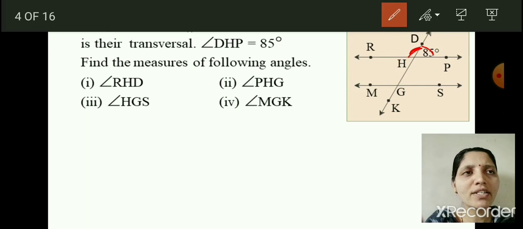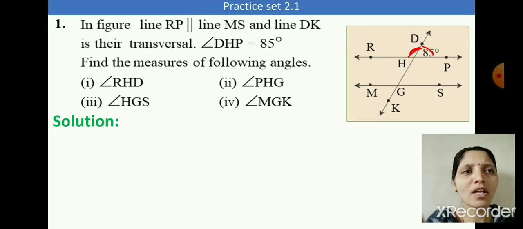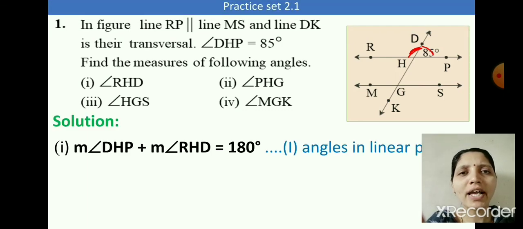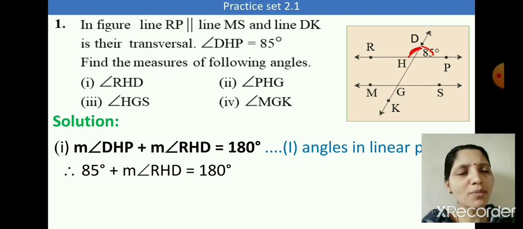Now let's start writing the solution. Measure of angle DHP plus measure of angle RHD is equal to 180 degrees. Write this as equation 1 and the reason as angles in linear pair. Now let's substitute the values. Angle DHP is given as 85 degrees, so write 85 degrees plus measure of angle RHD equals 180 degrees.